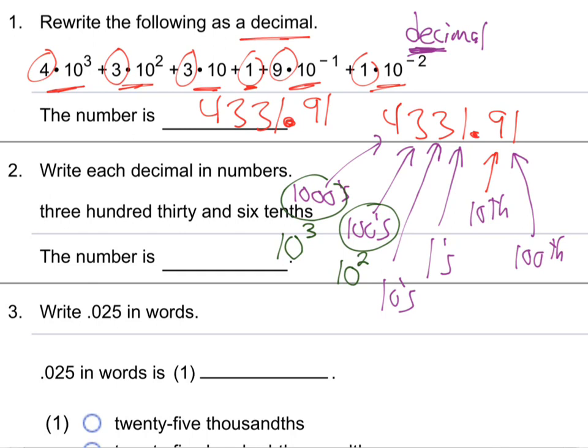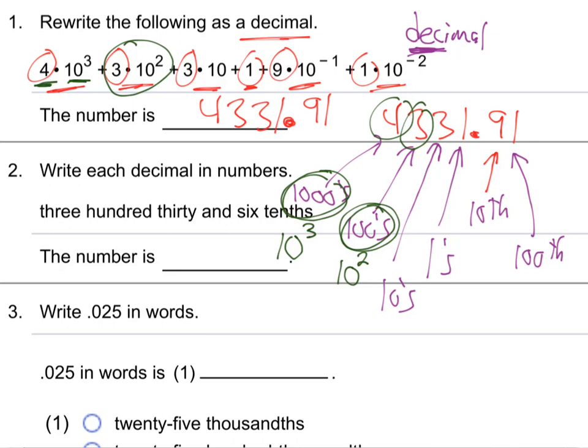Third, because 10 times 10 times 10 puts 3 zeros at the back. That'd be 1,000. That's what they're doing here. 4 in the 10 to the third place, the thousands place. And 3 in the 10 to the second place, the hundreds place, etc.